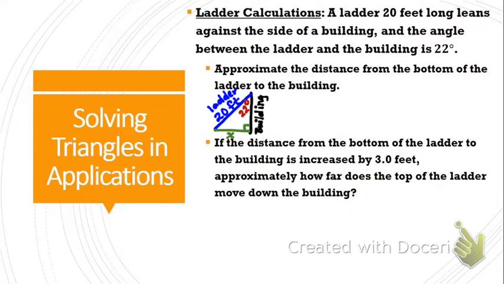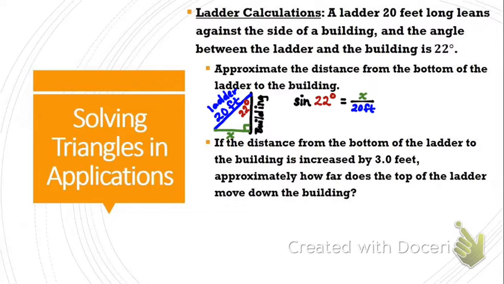What trig function will help me do that? Sine. So I'm going to have sine of 22 degrees is equal to what? X over 20 feet. All right. I want to solve this for x. So how do I do that?